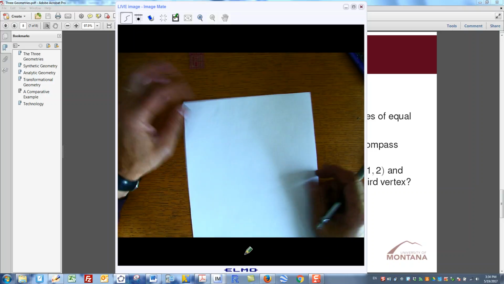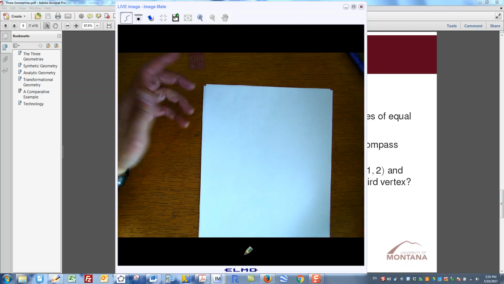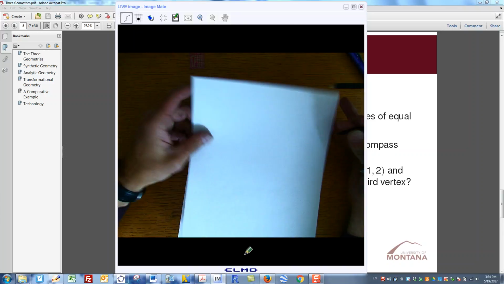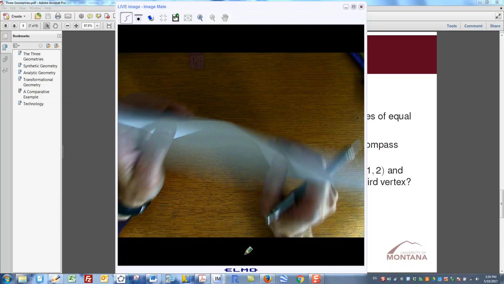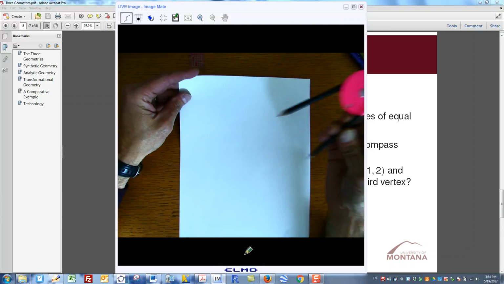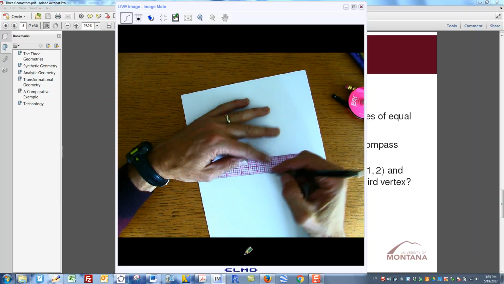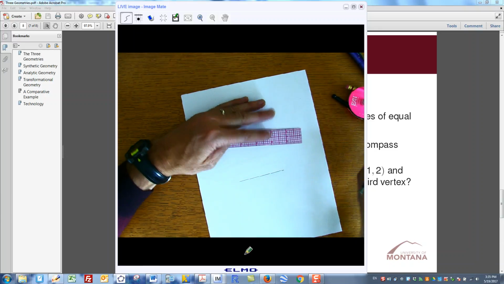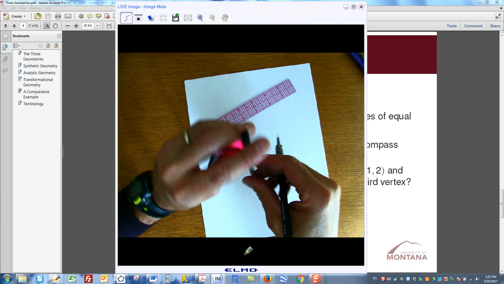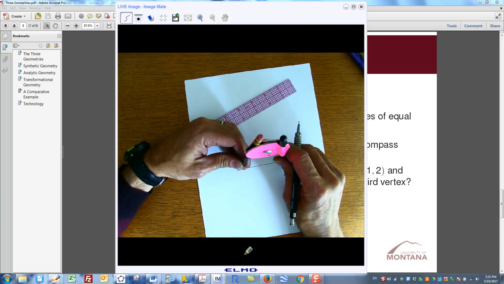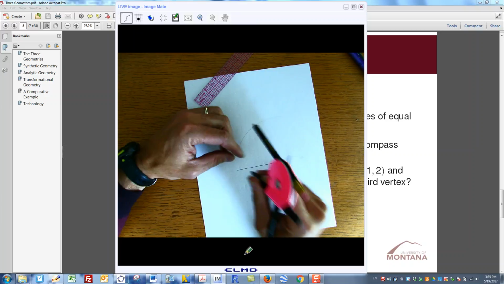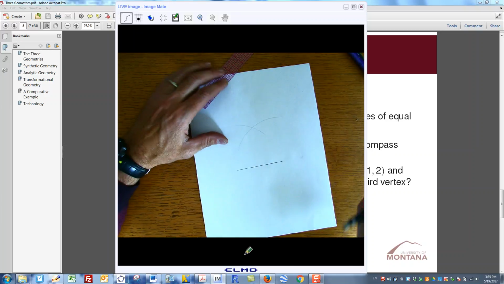To do this, I'm going to create a little manipulative. Suppose I get an equilateral triangle drawn, so let's draw one up really quick. I'm going to use my knowledge of constructing the equilateral triangle here.